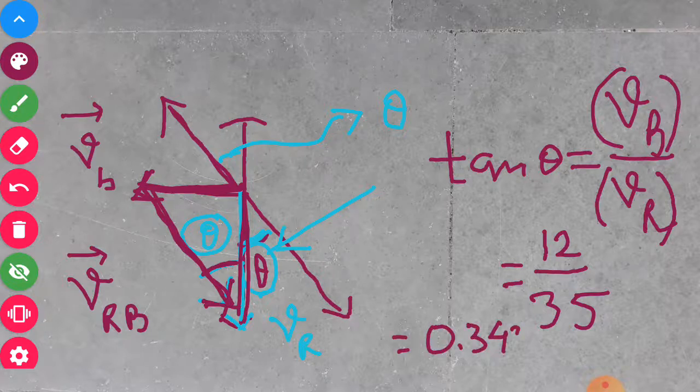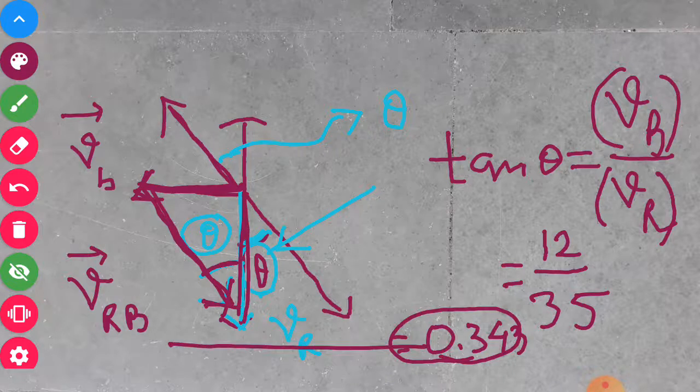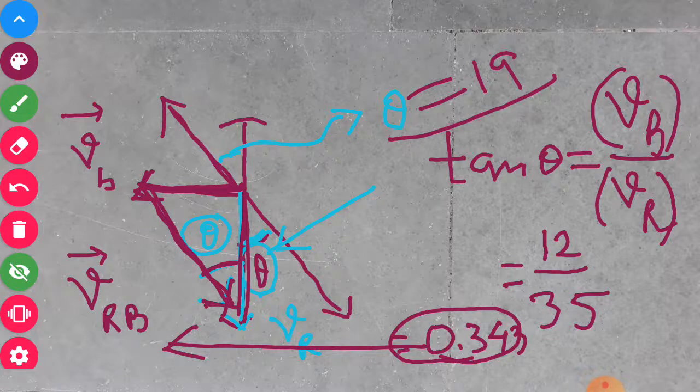That value you must find from the natural tangent table. You locate this value, and in the horizontal direction the angles are given. You just locate this value and then see the corresponding angle, which is found to be about 19 degrees.